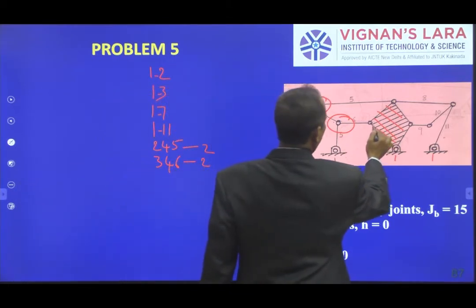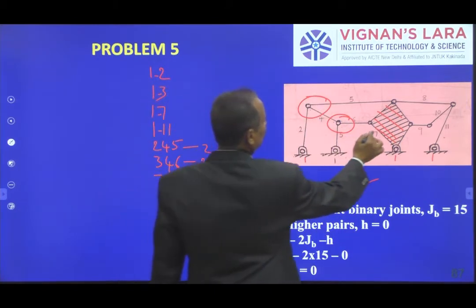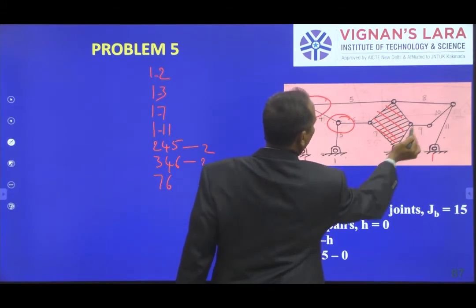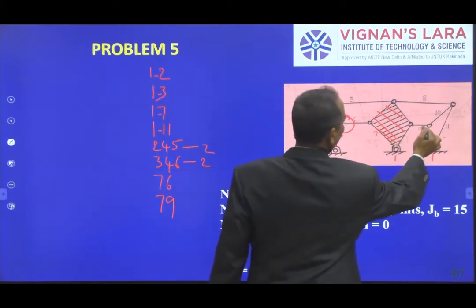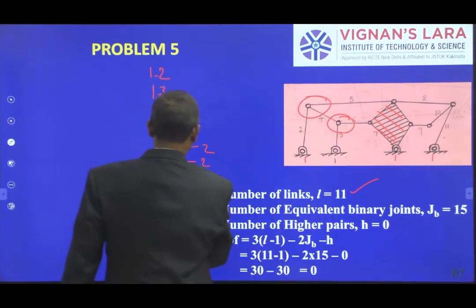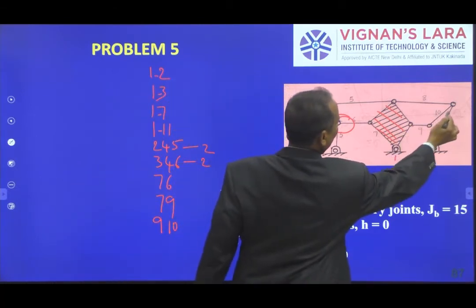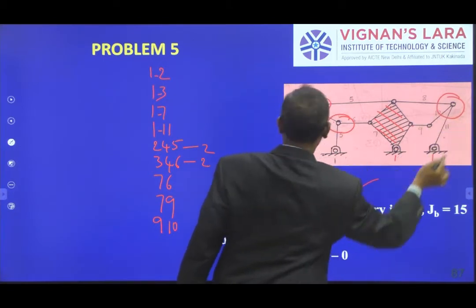Okay. Then you can see here 7 and 6, single one. 7, 6. Then this is 7, 9. Then here 9, 10. Then concentrate here where 8, 10, 11.